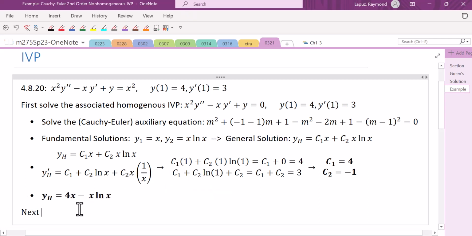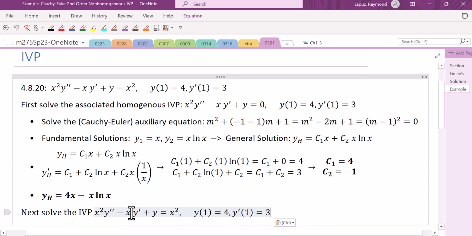Now, next we're going to solve this IVP, but this time we're going to assume that the initial conditions are set equal to 0.